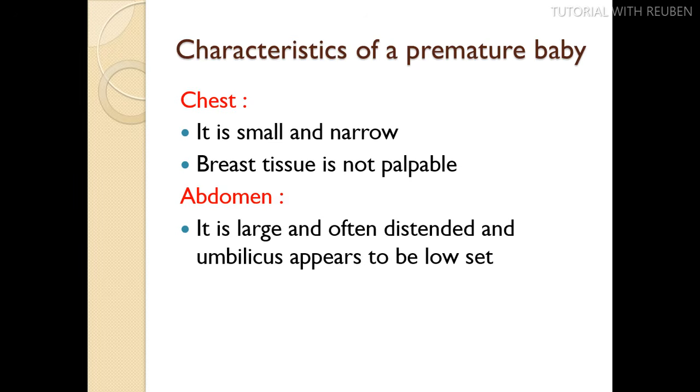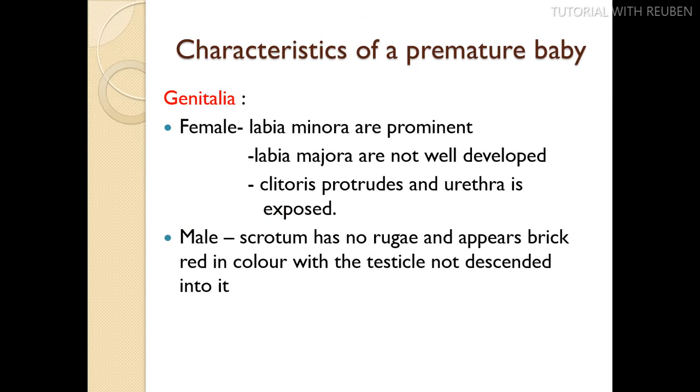From the abdomen, you look at the reproductive system, specifically the genitalia, the male and the female genitalia. When you look at the female genitalia, you're going to notice that the labia minora are prominent and the labia majora are not well developed. Then you're going to see protrusion of the clitoris, which exposes the urethra.